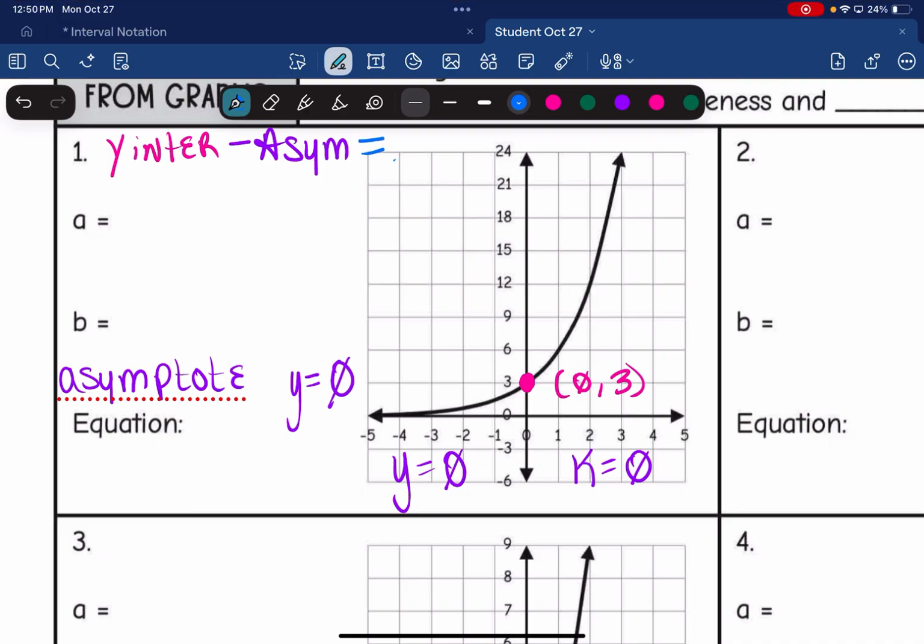That should give me my a value. So 3 minus 0 equals 3. Does that make sense? Because we had to add a and k to get my y-intercept.